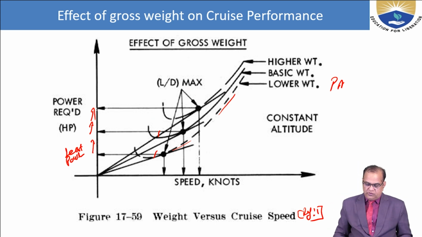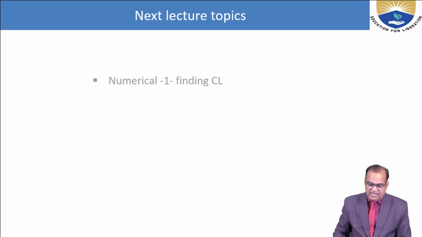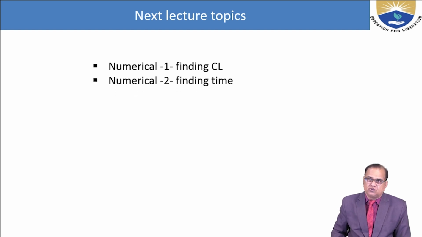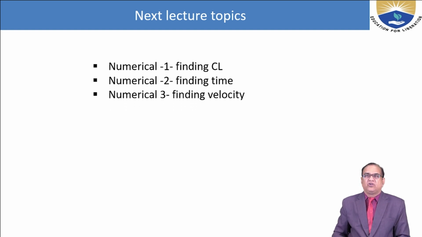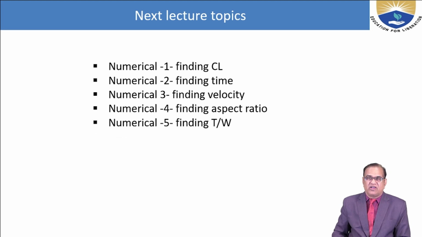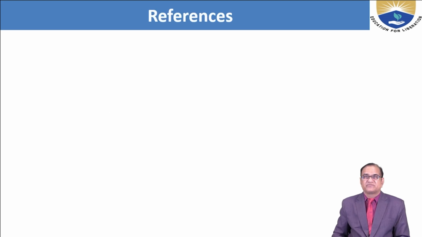So we have to take care of that. In the next lecture we are going to take some numericals: numerical 1, finding the coefficient of lift; numerical 2, finding the time, that is the endurance; numerical 3, finding the velocity of the aircraft; numerical 4, finding the aspect ratio of the aircraft; numerical 5, finding the thrust to weight ratio. This we will be discussing in our next lecture.